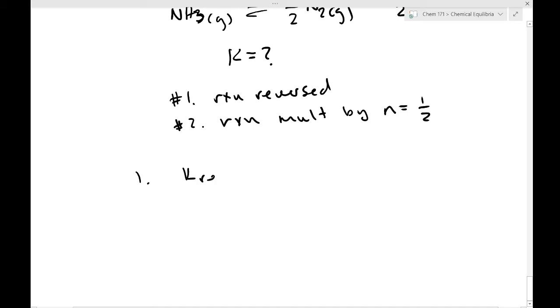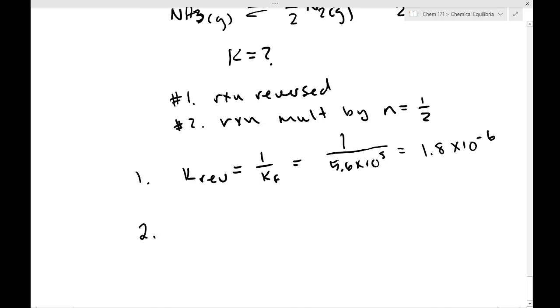So K reverse is equal to 1 over K forward, which is 1 over 5.6 times 10 to the 5, and that is equal to 1.8 times 10 to the minus 6. And number two, the new K, we'll just call this K prime, is equal to K raised to the n value.